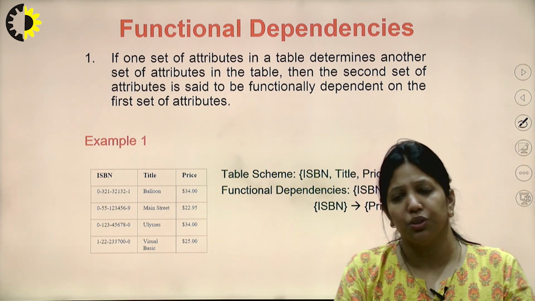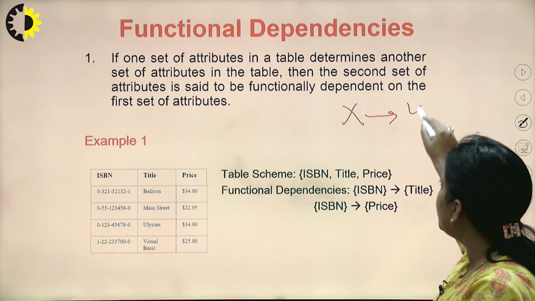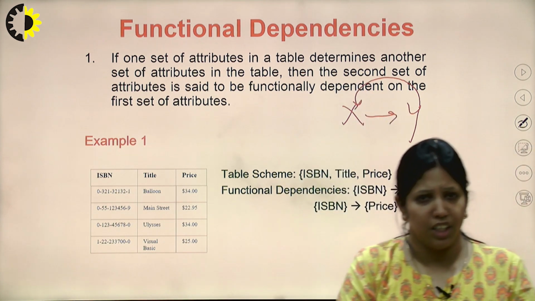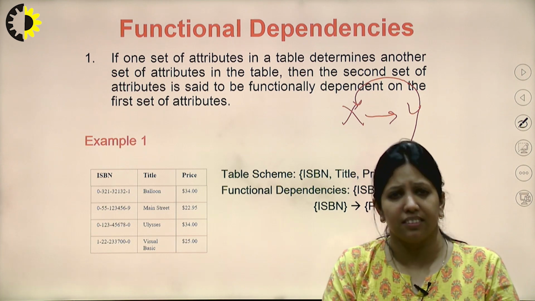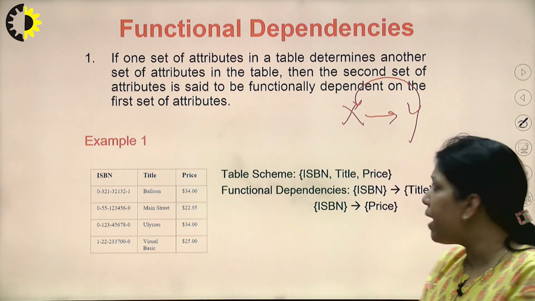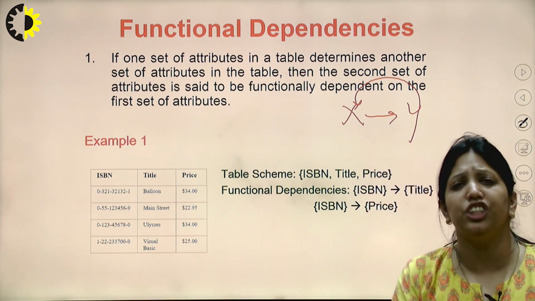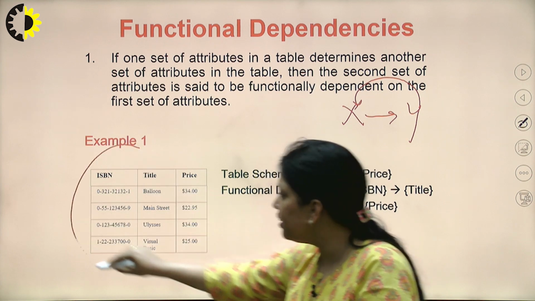For example, if X tends to Y, it means that Y is functionally dependent on X. It means we can derive the values of Y on the basis of X. So this is called functional dependency: if X tends to Y, Y is functionally derived from X.